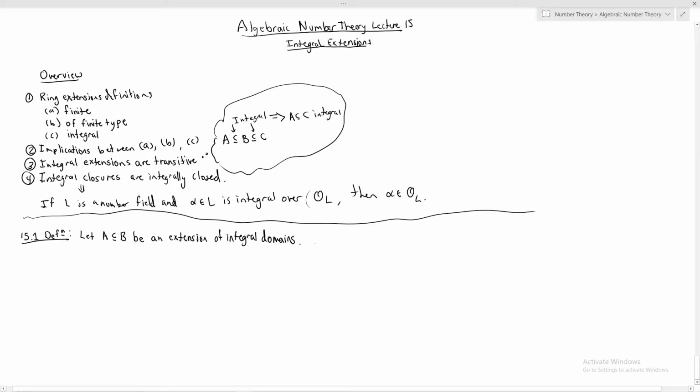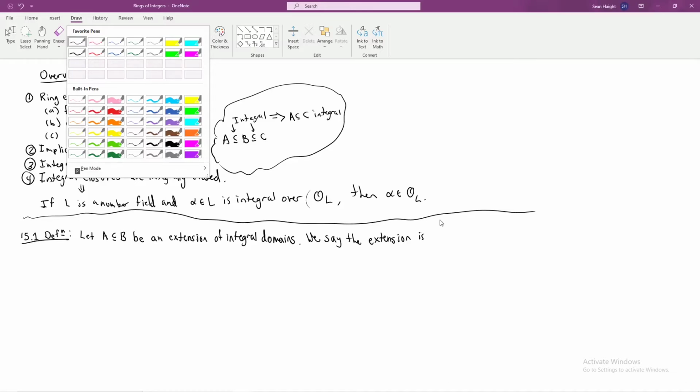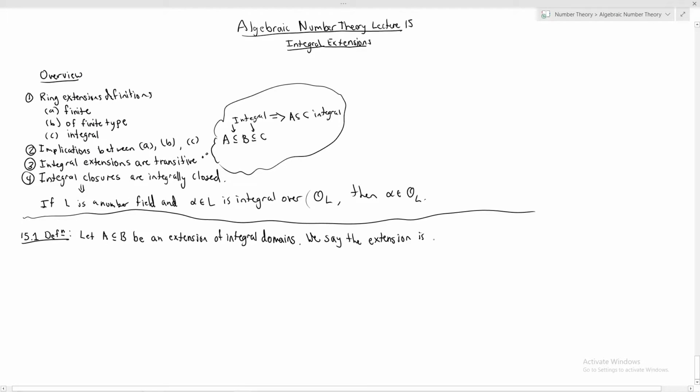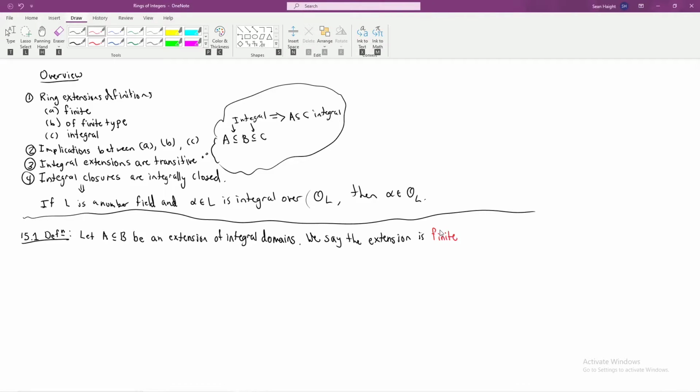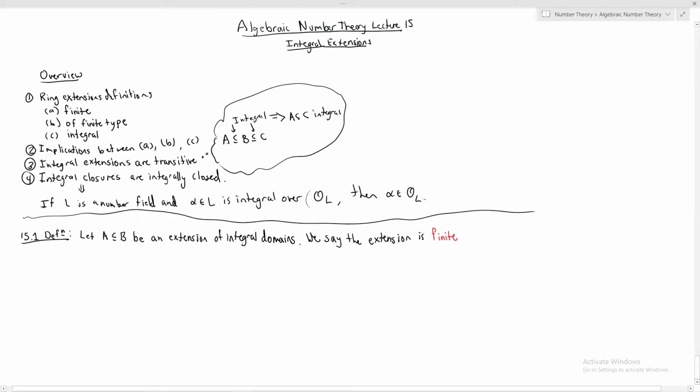Okay. So what does it mean for the extension to be finite? So we say the extension is finite if, so when do we say this?